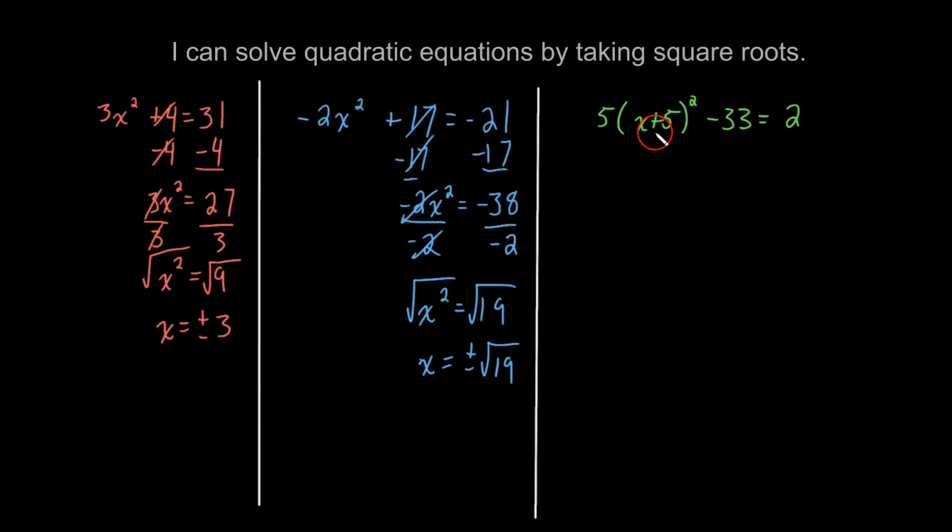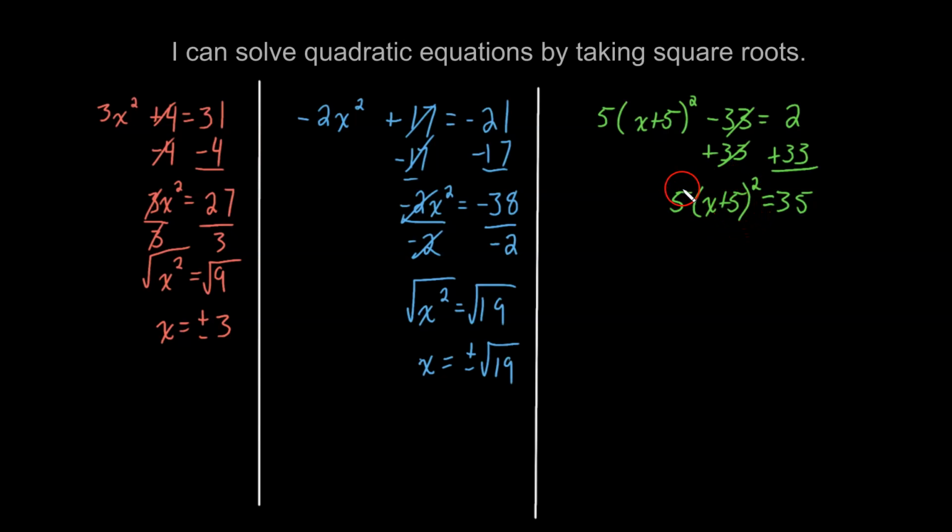So we're given 5 times the quantity x plus 5 squared minus 33 equals 2 rather. And we're going to solve for x again, and we're going to add 33 to both sides. 2 plus 33 gives us 35. On the left side of the equation, we get 5 times the quantity of x plus 5 squared. And now we have to think of everything in this parenthesis as one quantity.